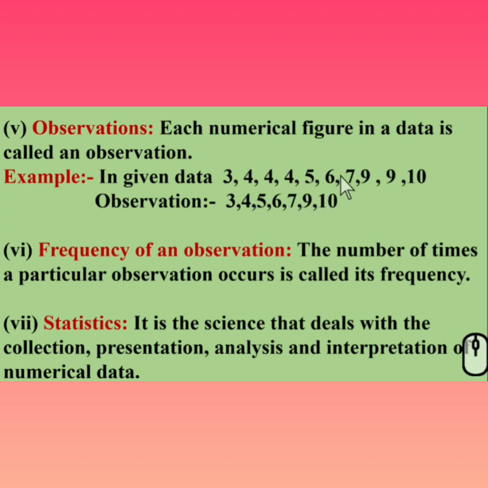And 6 is only one time, so the frequency of 6 is 1. Then for 7 the frequency is only 1. 9 comes two times, so the frequency for 9 is 2, and 10 is only one time, so the frequency is 1. So the frequency of an observation is the number of times a particular observation occurs.